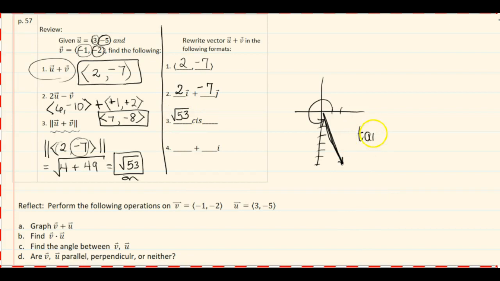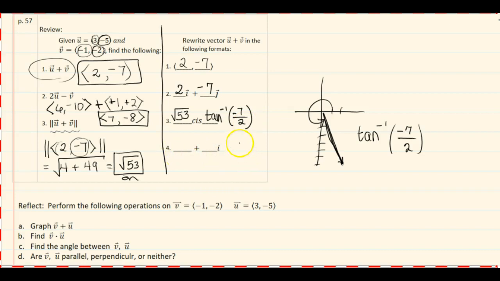So remember, our angle is going to be the inverse tangent of the y component over the x component. Since this is not something we readily know, I'm going to go ahead and put it in as the inverse tangent of -7/2. So that's our theta.